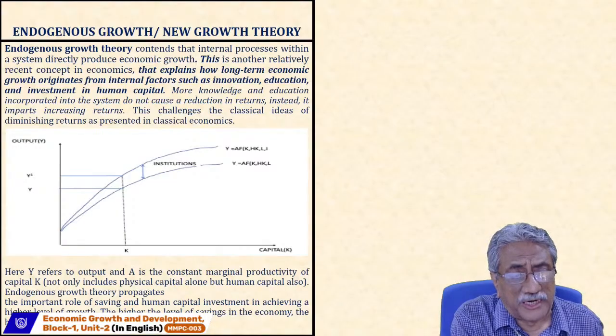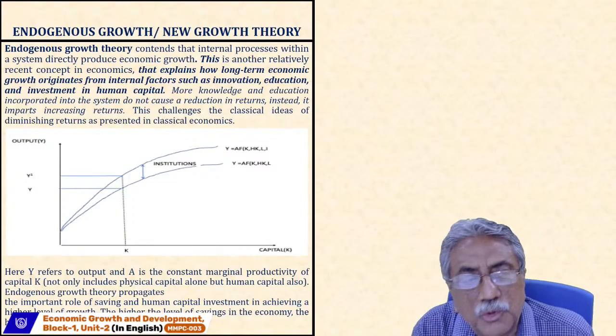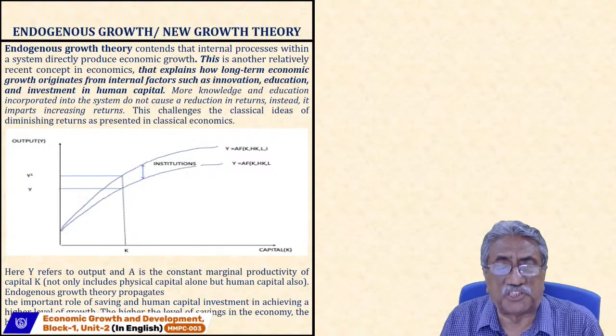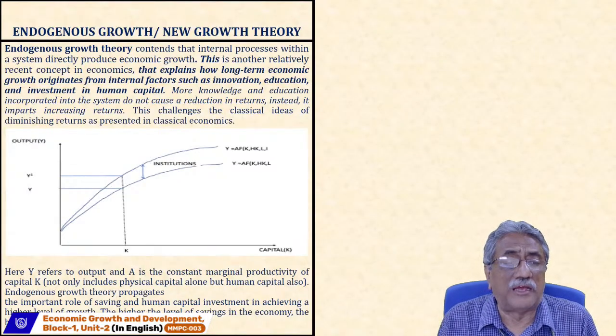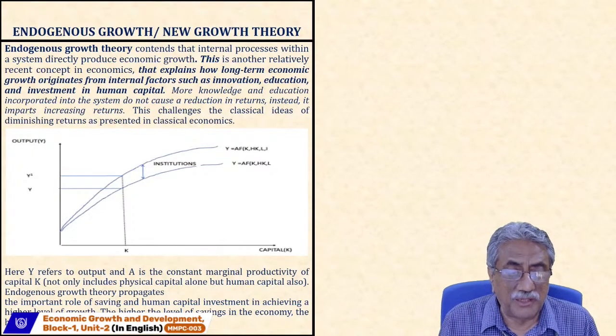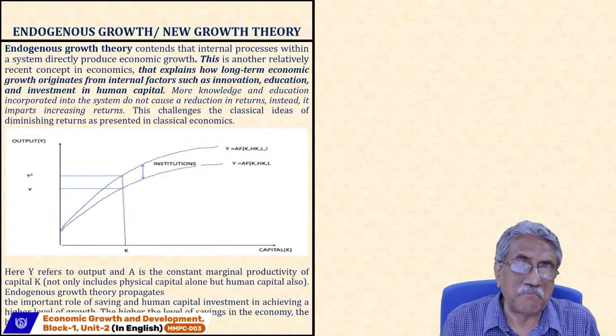Endogenous growth theory propagates the important role of savings and human capital investment in achieving a higher level of growth. The higher the level of savings in the economy, the higher will be capital stock and national income.